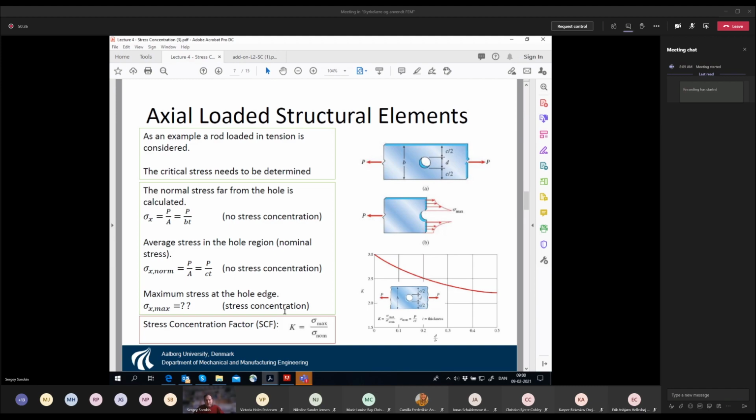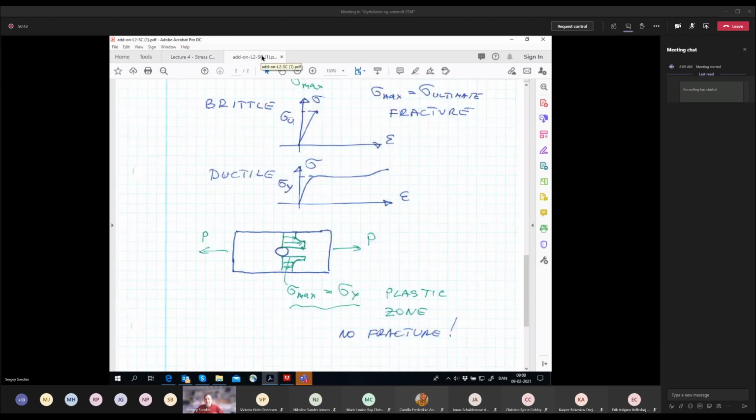You do this mathematical analysis and get the stress concentration factor. Then you multiply the stress concentration factor from the tables by the nominal stress, and you have the maximum stress. Now you take your specification of material and see whether it's brittle or ductile, and then you do your engineering assessment of whether it's go or no go to manufacture the structure.